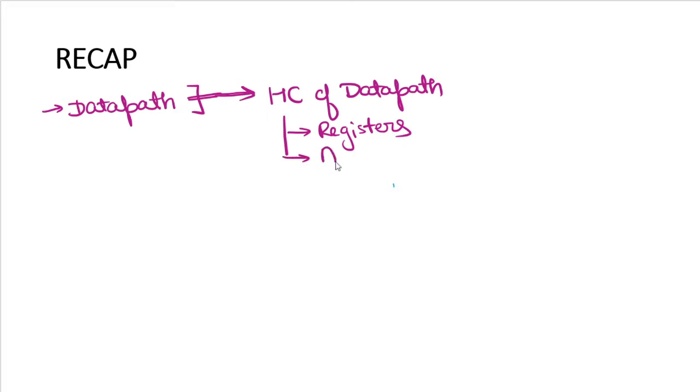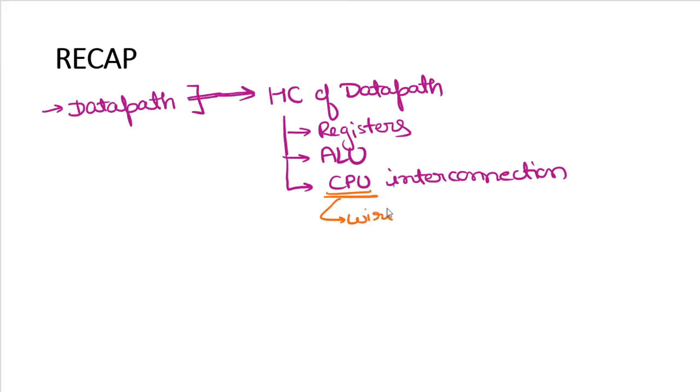Registers, arithmetic and logic unit, which is ALU, and CPU interconnection, right? We also saw that CPU interconnection is nothing but wiring, right? It is nothing but the wiring which is acting as a transmission media between registers and ALU, control unit, right?